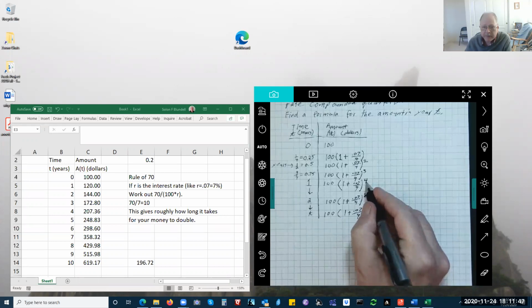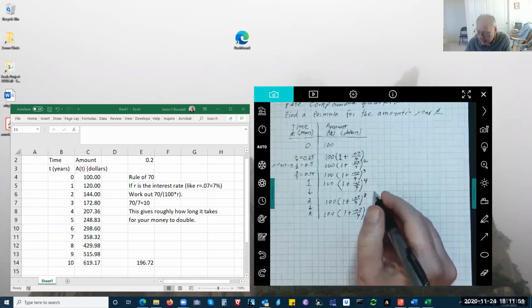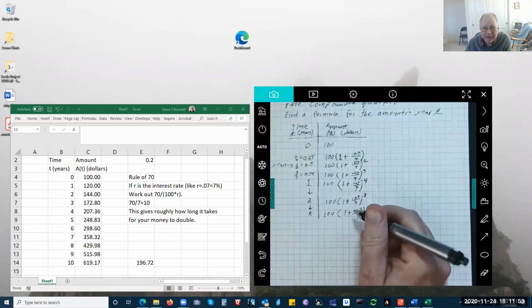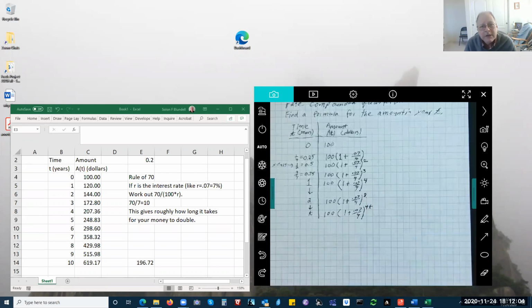We'll see in 1 year it was 4 times, and in 2 years it's 8 times, and in 3 years it's going to be 12 times. All right? It's doing 4 times per year times however many years. So 4t should be the exponent.